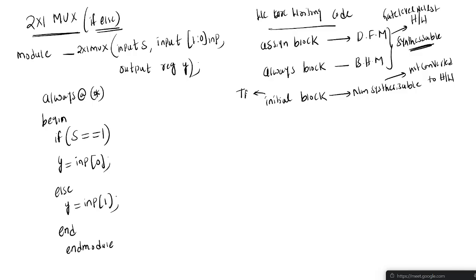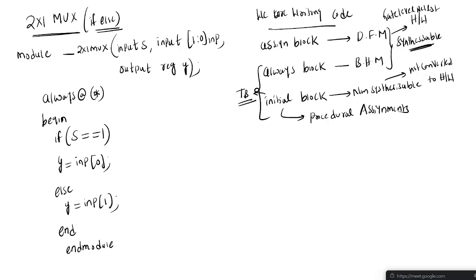With a test bench you can see the simulation only, and there is no need to make hardware from a test bench. That's why we use the initial block in the test bench. These two are what we call procedural assignments.